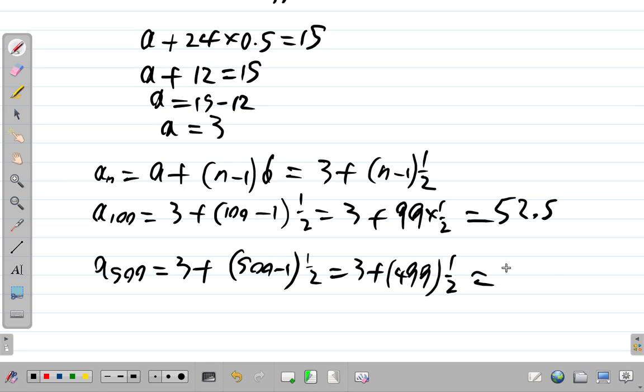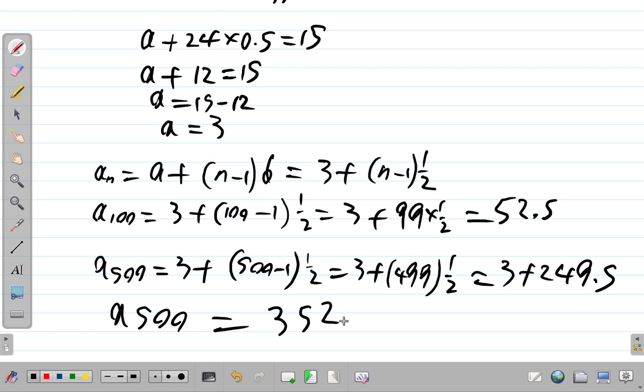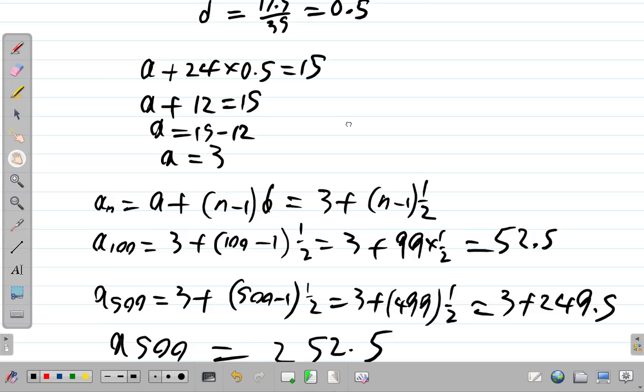So this becomes 3 plus 249.5. So A500 equals, you add 3 to 249.5, you get 252.5.